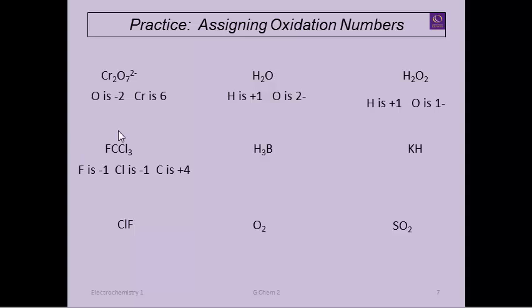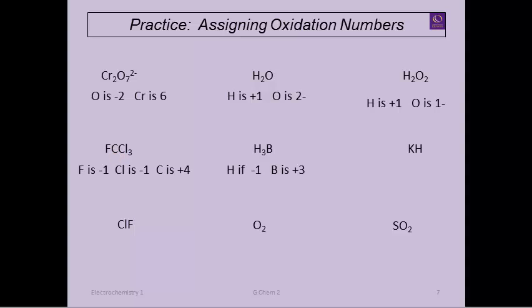This is a great example where you need to compare chlorine, and fluorine gets the priority. Carbon's not even listed, so the first priority is fluorine at -1. The next priority is chlorine, which in this case would also get -1. The remainder is carbon, which picks up the difference, in this case +4.